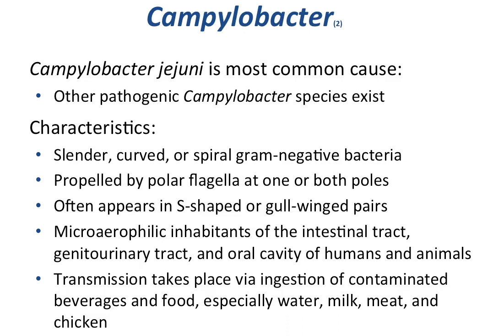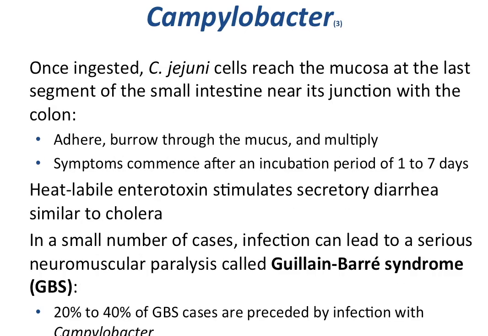Some bacteria may have an S-shape or gull-winged appearance. The transmission actually is through the oral route. If the patient consumes contaminated beverage or food, such as milk, meat, chicken, it can cause this problem.